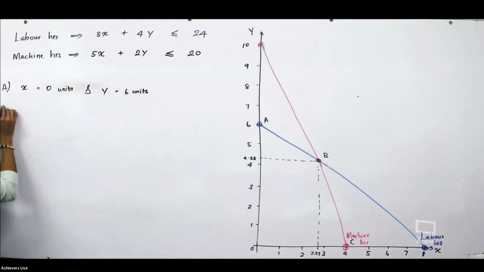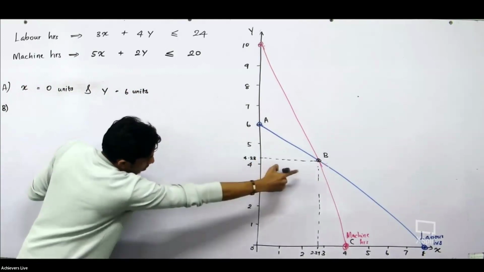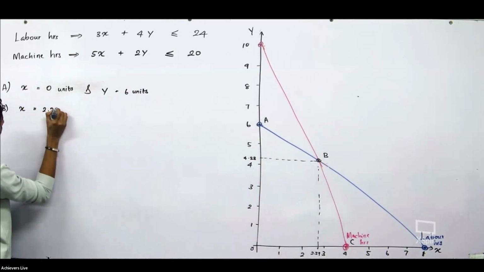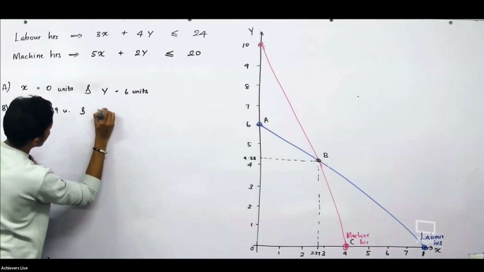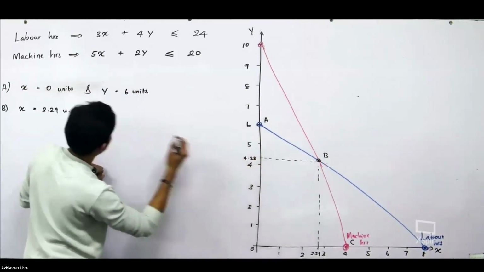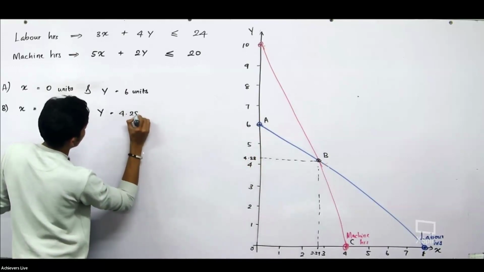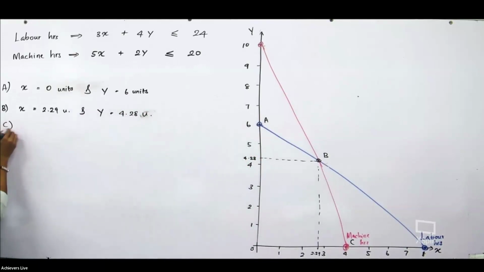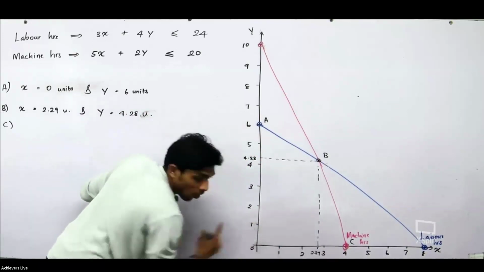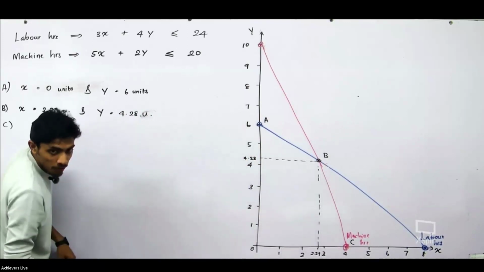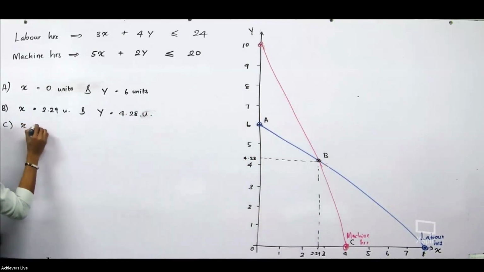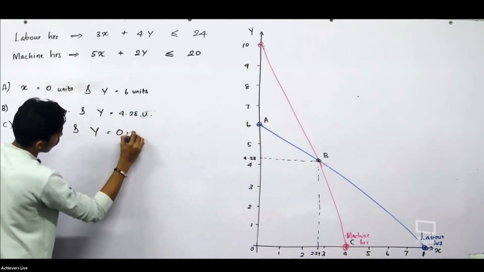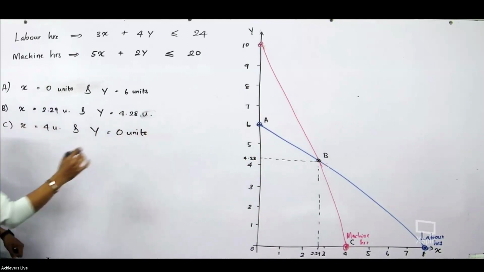Right. At the point B, how many units? 2.29 units of X and Y 4.28 units. At the point C, how many units? 4 units of X, 0 units of Y. So these are the feasible, possible production.